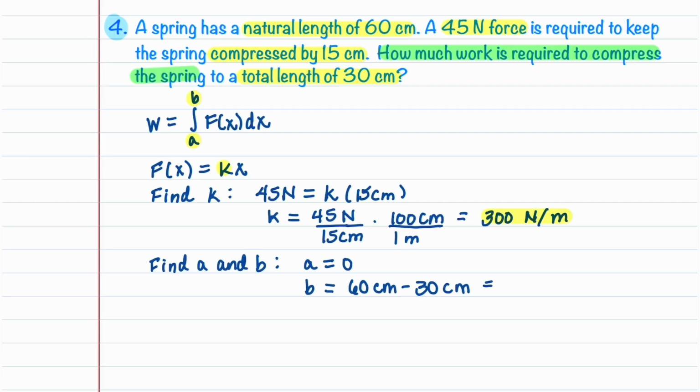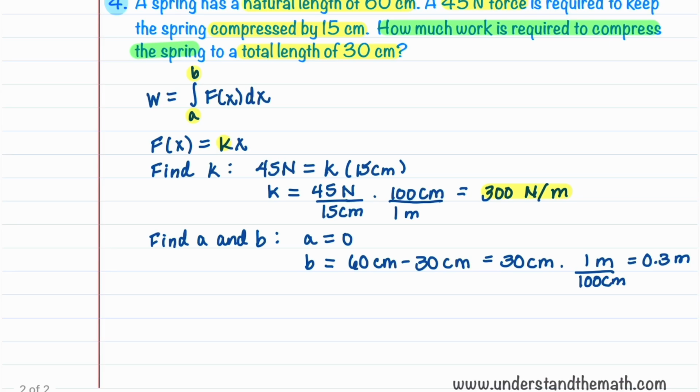So b is equal to 30 centimeters. And we need to change this to meters, so we are going to divide by 100. And we get 0.3 meters for b.